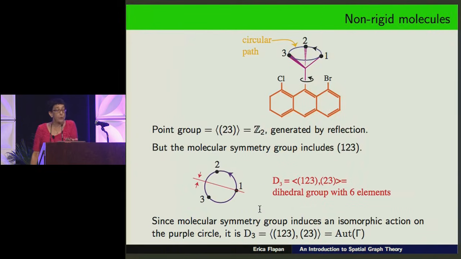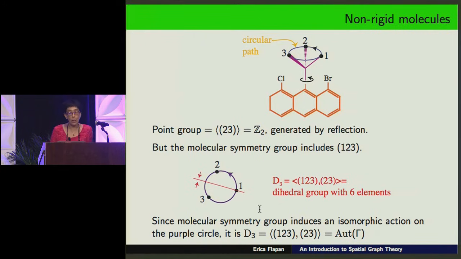All right. So we saw already that the point group of this molecule is Z2, and now I'm going to think of it in terms of the numbers I put on the vertices at the top. They're chlorines, but they have numbers to help us represent things. And so you can think of this reflection as inducing the 2-3 automorphism on the graph. The reflection, all it does is it interchanges 2 and 3.